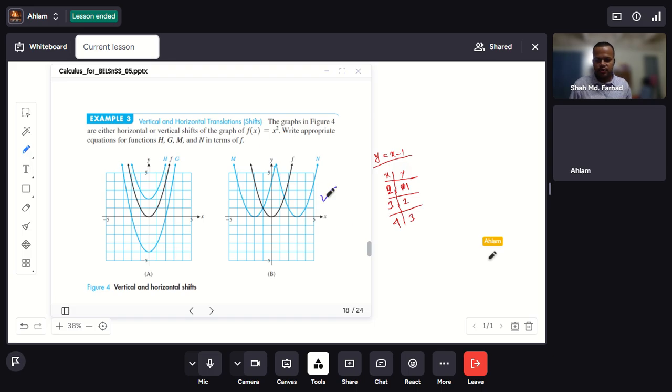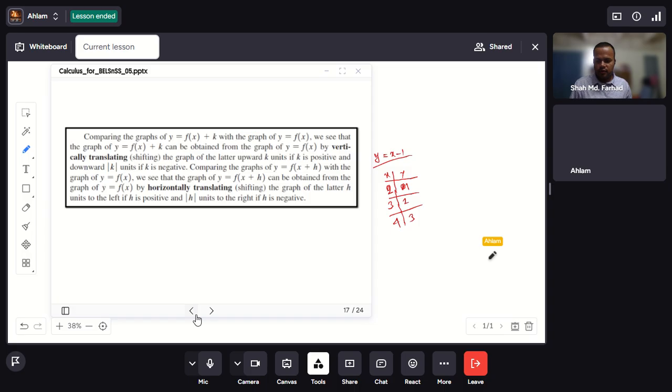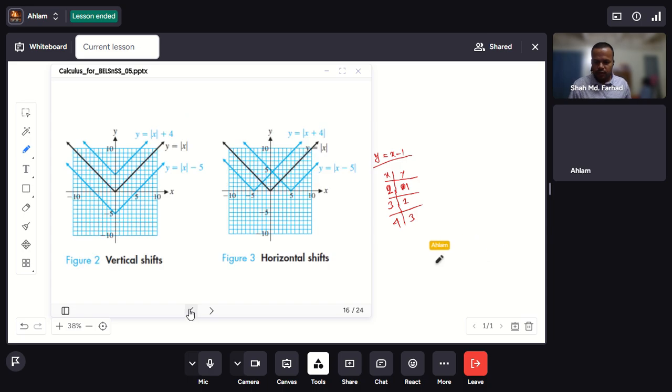And here is this, which I have shown you, and this one is the description of that work. Here is how the graph shifts vertically and horizontally. If we add some number with the x, then it will move left or right. That means it will shift horizontally.